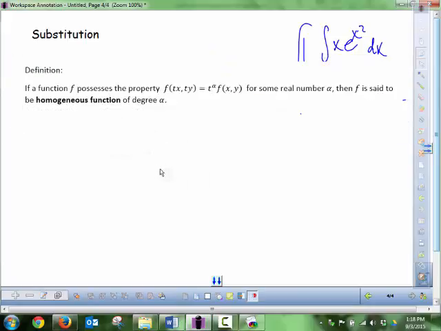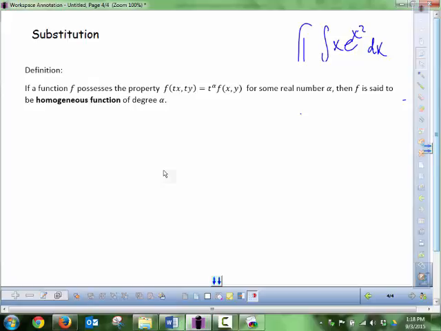So the term homogeneous function in this case is a function of x and y, where if you replace the x with t times x, and you replace the y with t times y, your function will look exactly like your original function after you've factored out.